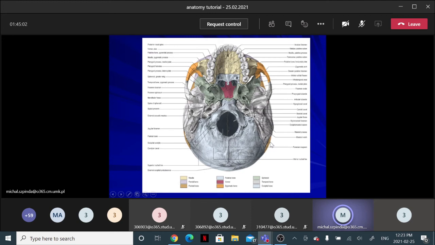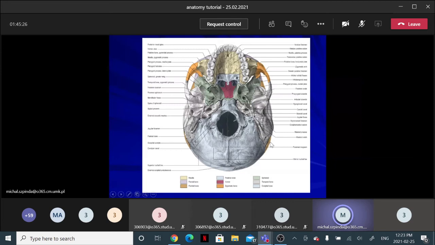On the inferior surface of the skull, we can see its squamous part. The squamous part of the temporal bone is present not only on its lateral surface, but on its inferior surface as well.